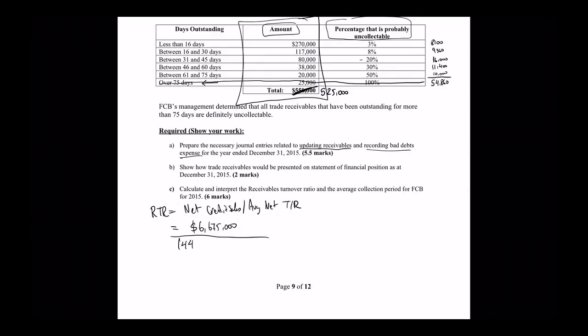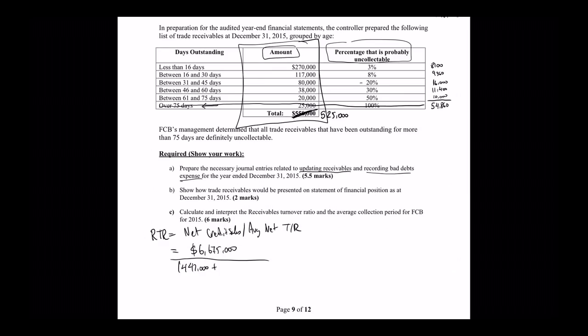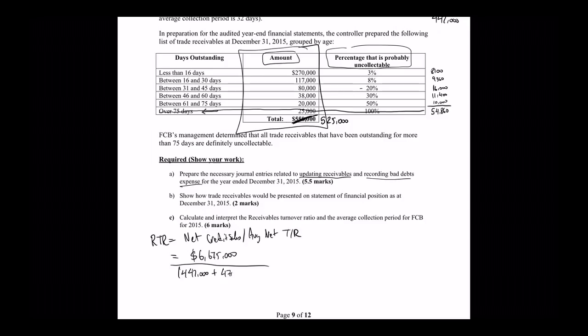So 442,000 plus we ended just now with 470,140, divided by 2. And so our receivables turnover ratio is 14.64.